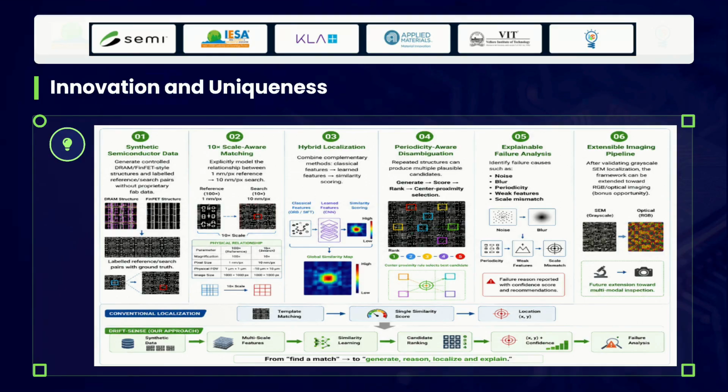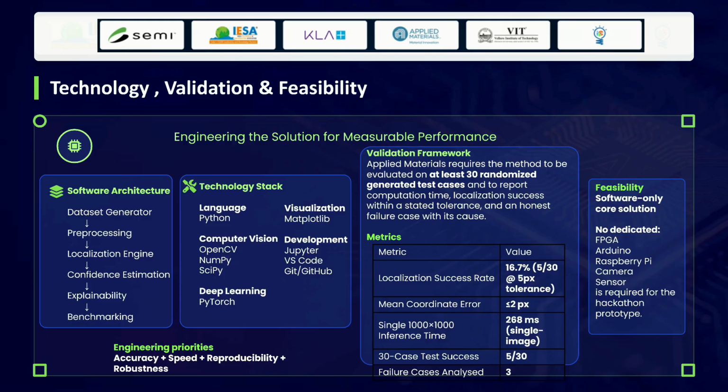Because conventional template matching gives you one score and one location, we go further: procedurally generated labeled training data with no IP risk, explicit 10x scale-aware matching instead of blind multi-scale search, periodicity-aware disambiguation that ranks every plausible candidate before picking the one nearest center, and critically, explainable failure analysis that names why a prediction went wrong, not just that it did. So this is the technical approach that we have followed.